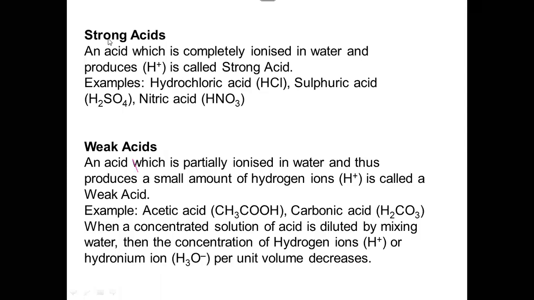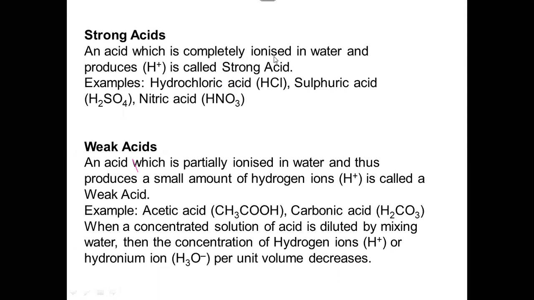Then acids are further divided into strong acids and weak acids on the basis of their ionization. So when an acid is completely ionized in water and produces H plus ions, that is called a strong acid. Exactly opposite to this, an acid which is partially ionized.